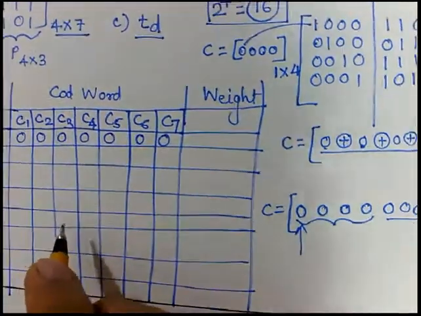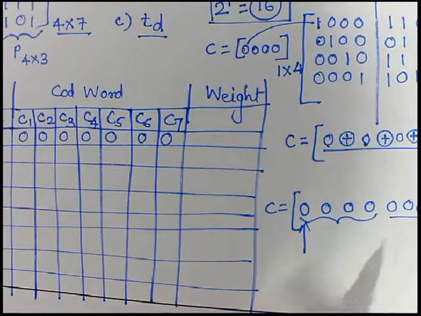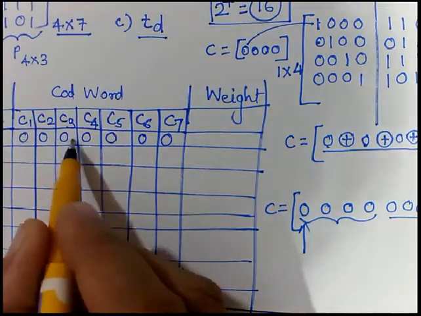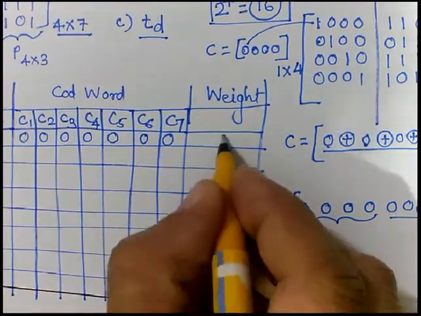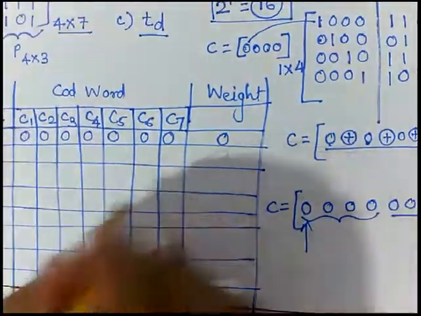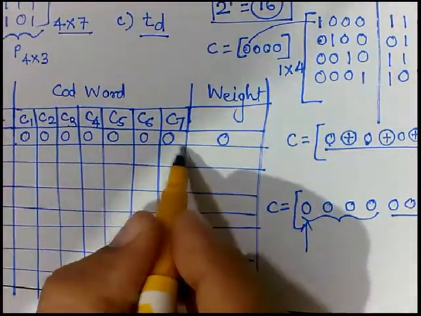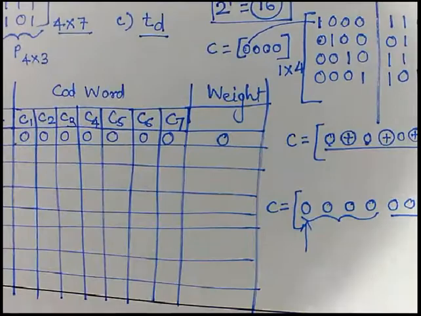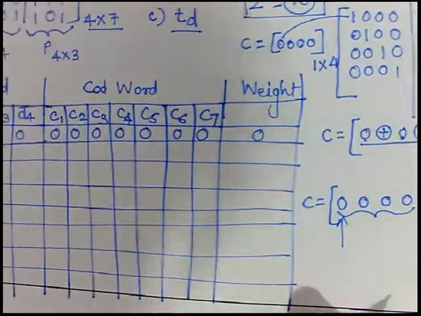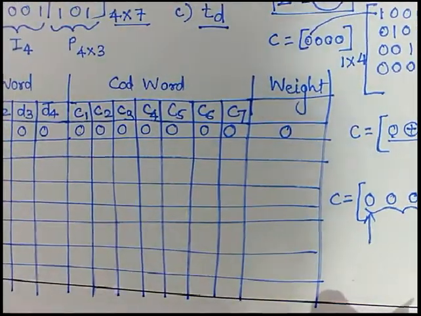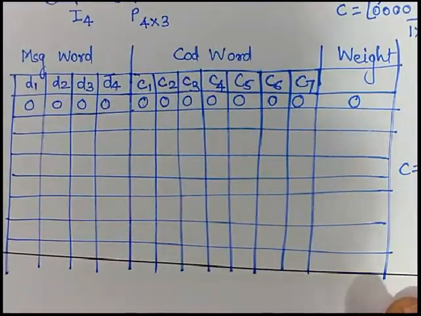The weight is nothing but the number of non-zero components present in the code word. Right now there is no non-zero component present in this code word, so it is giving 0. Like this we need to obtain the code words for the other message words also.